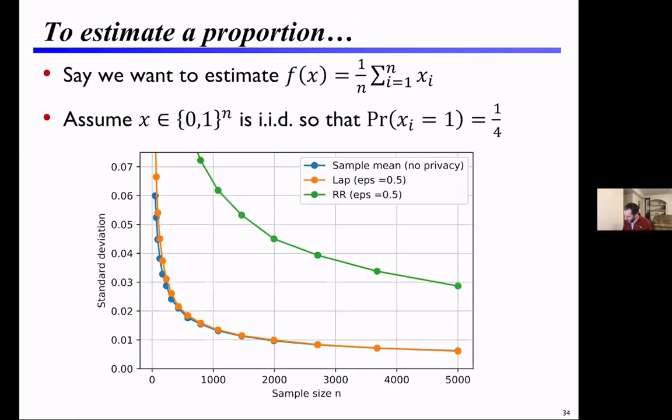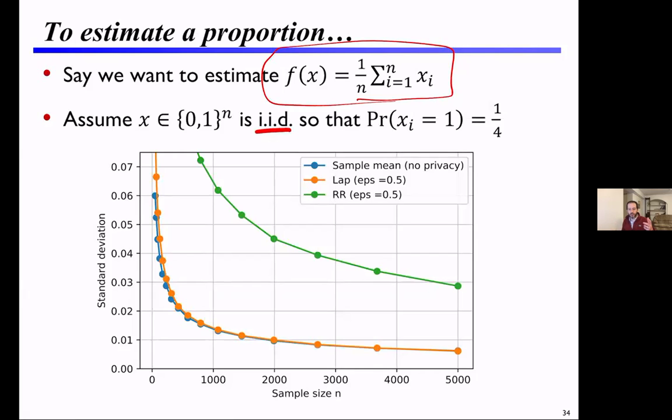But before we do that, one thing that's useful to look at is how this compares to randomized response, numerically. What we've done is set up a sequence of experiments where we're interested in estimating just a single proportion, as before. For simplicity, we'll assume that the data is generated IID, so each entry is a separate coin that's flipped independently.